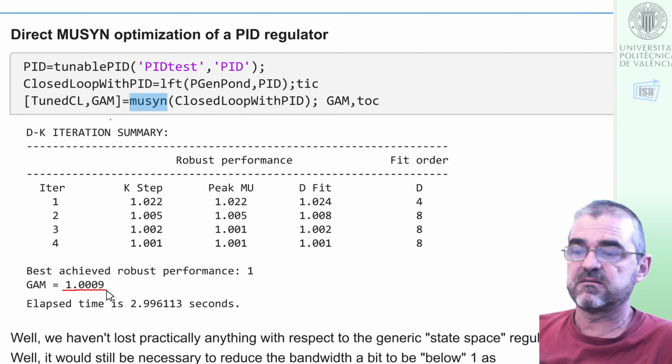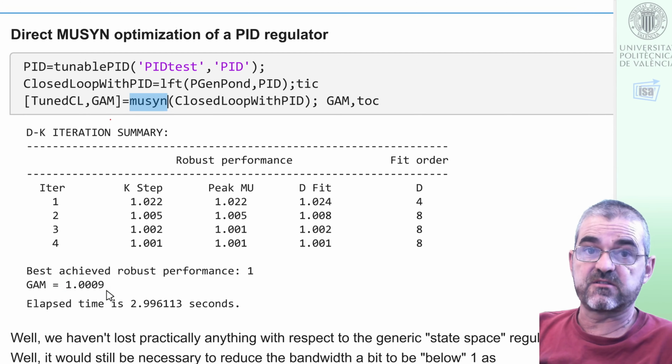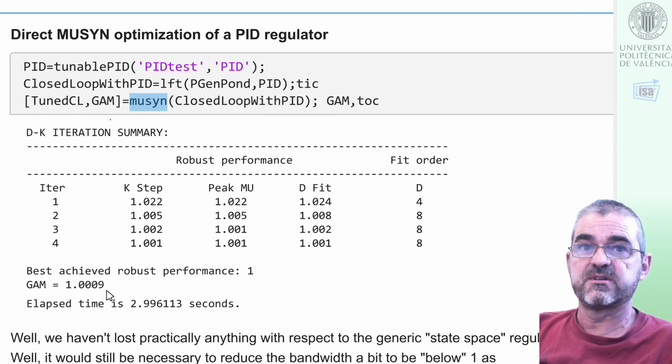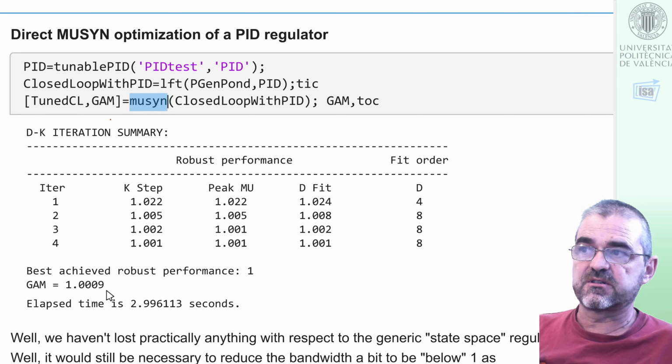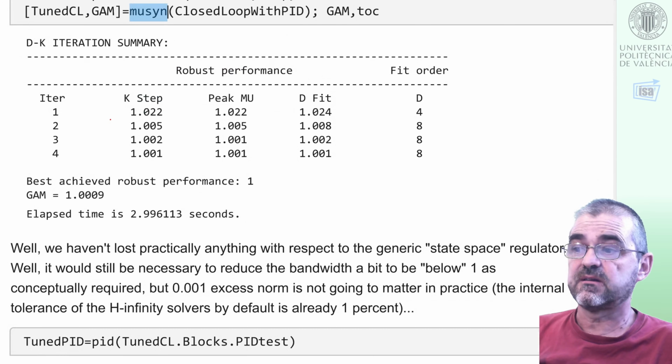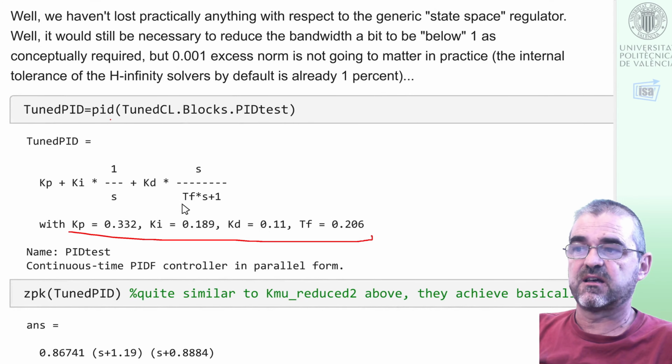So this PID will also be a satisfactory design, and if you sell PIDs to your customers, they will be much happier than if you sell high-order state space controllers. So we are happy. These are the gains and filter time constant it decided.